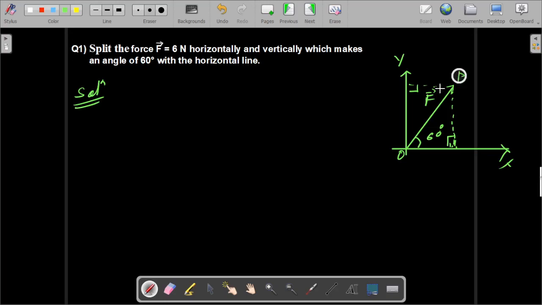Suppose this is P. This is one right angle triangle. This is Fy, and this is Fx.